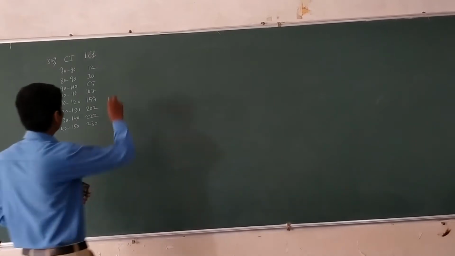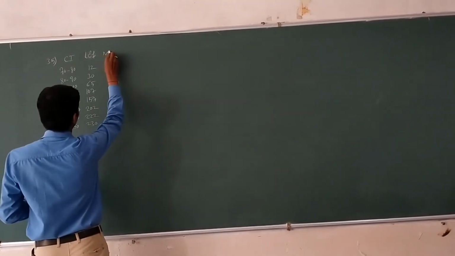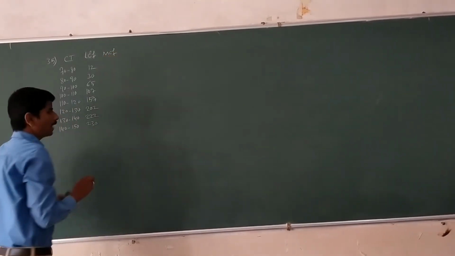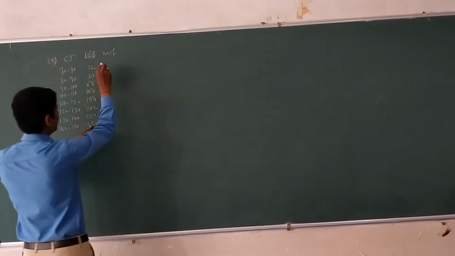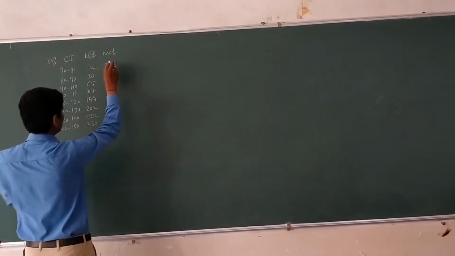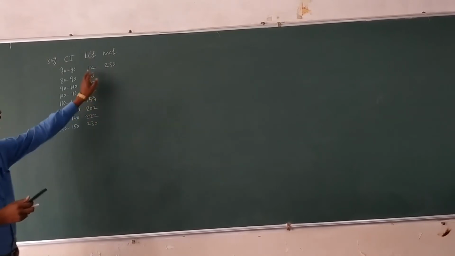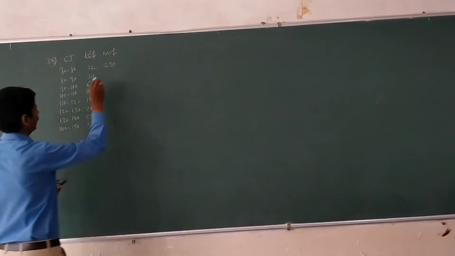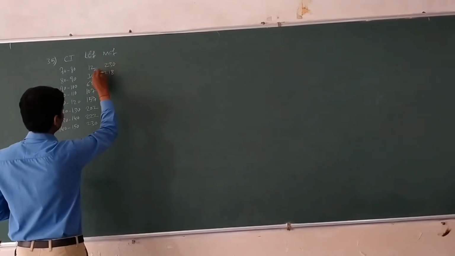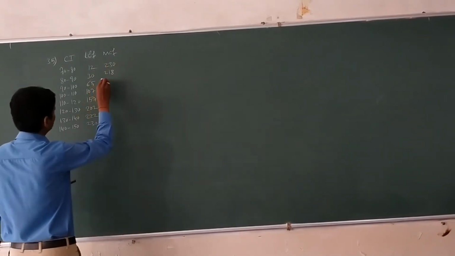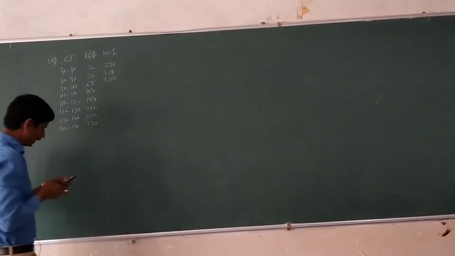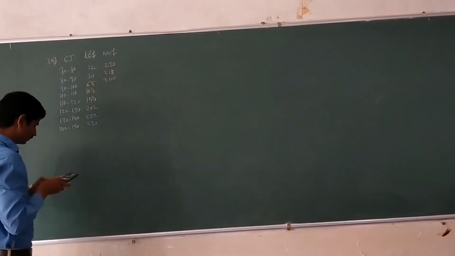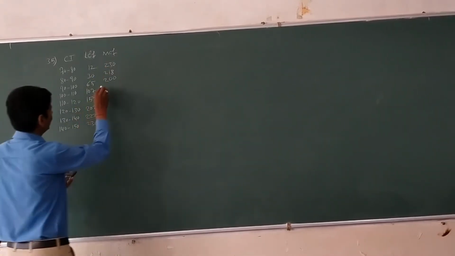Here first we find the MCF values. In LCF the highest frequency is 230. In MCF, the highest minus the first LCF: 230 minus 12 gives 218. Highest minus the second LCF: 230 minus 30 is 200. 230 minus 65 gives 165.